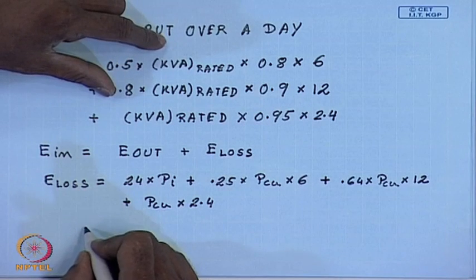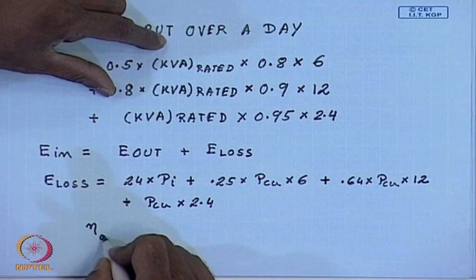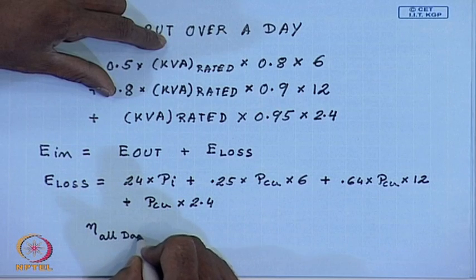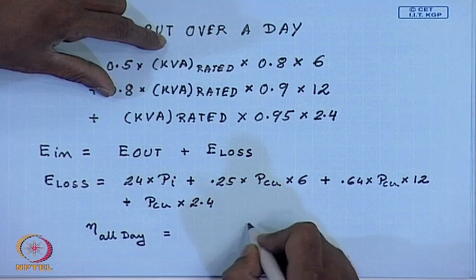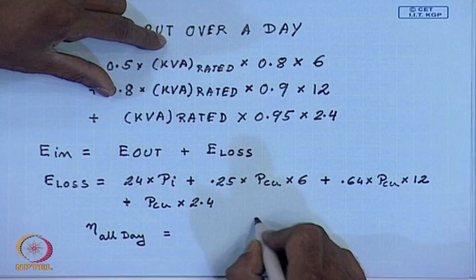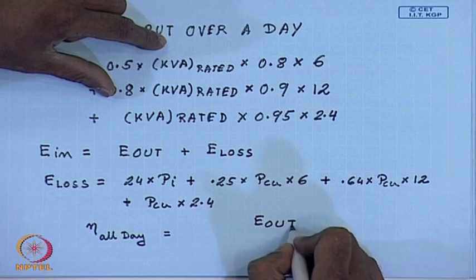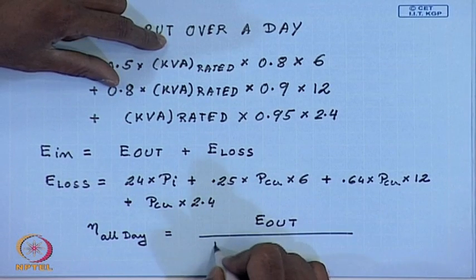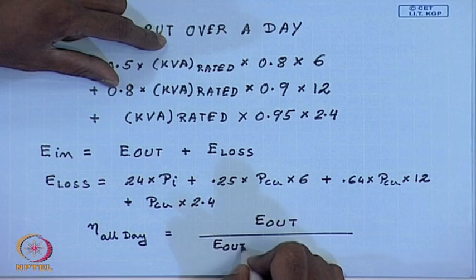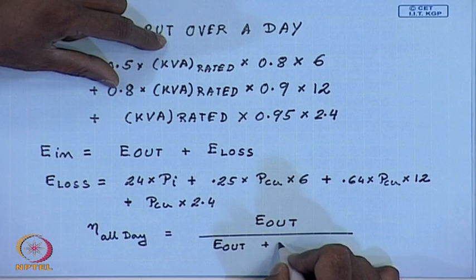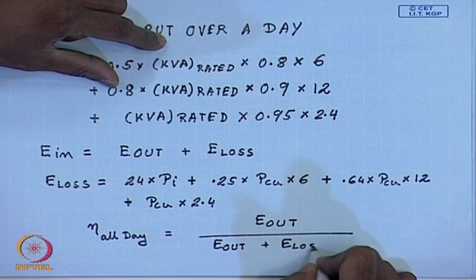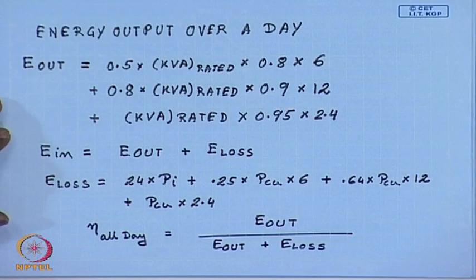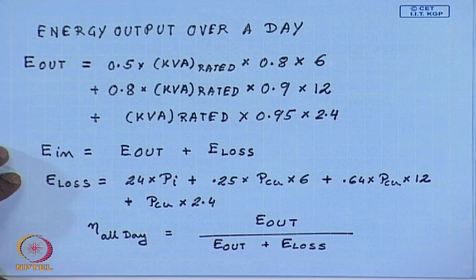So, the all day efficiency is equal to E out divided by E out plus E loss. This is how one should calculate the all day efficiency of a single phase transformer.